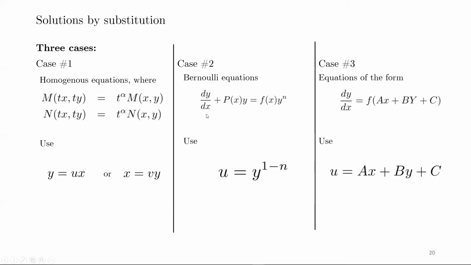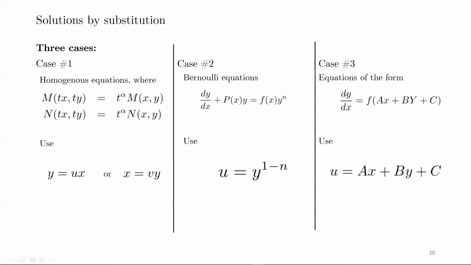If we have a Bernoulli equation, dy by dx plus p of x, some function of x, times y, equals f of x, some function of x, times y to some power n, where n is not 0 or 1, then we're going to use the substitution variable u is equal to y to the power of 1 minus n.